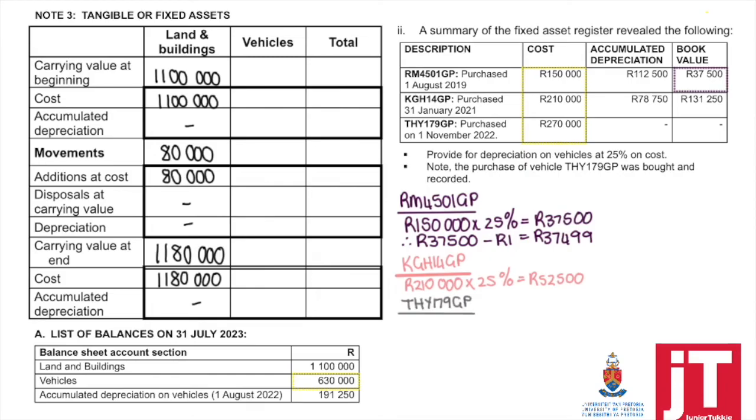To calculate the depreciation on the new, the cost was 270,000 times 25%. If our accounting period ends 31 July 2023, and this was purchased on the 1st of November, it means we need to calculate depreciation for 9 months from the day it's purchased until the end of the accounting period.